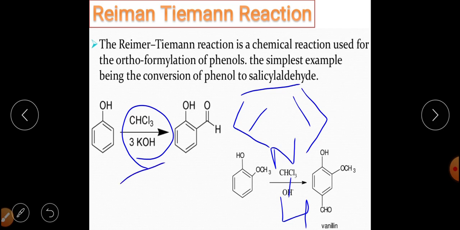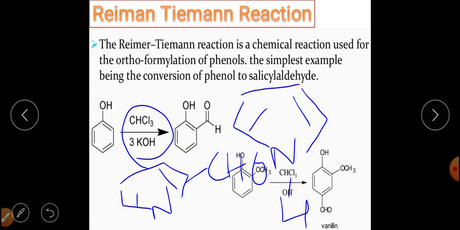This pyrrole will be converted into this, right? So the CHO group will be attached to the second position with respect to the nitrogen.